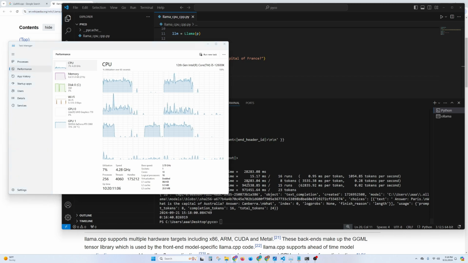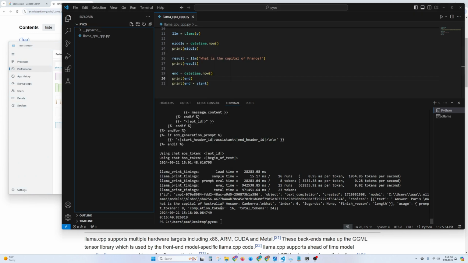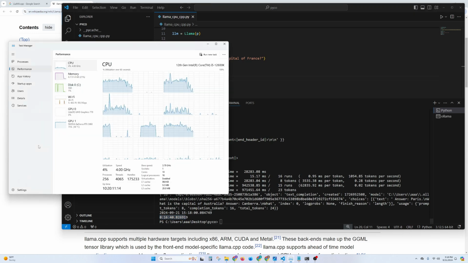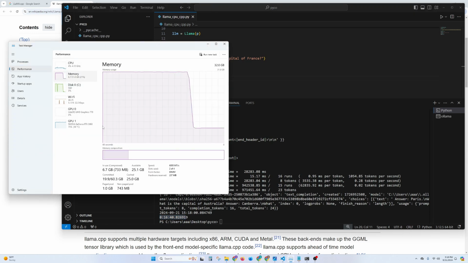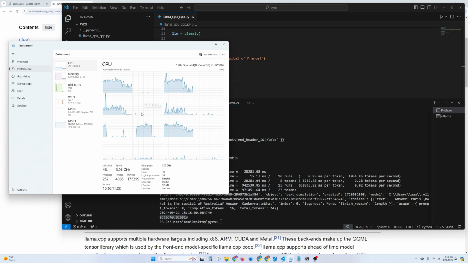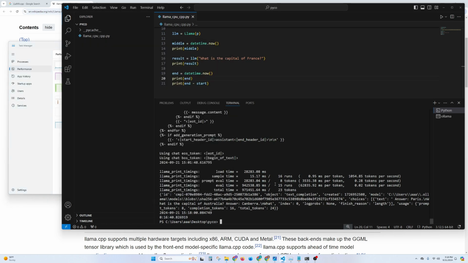Alright, folks. Looks like this thing's back. So 16 minutes and 40 seconds to answer, and check out that memory crash. And the CPU's winding down. So 16 minutes and 40 seconds to determine what the capital of France was with this 70 billion model.